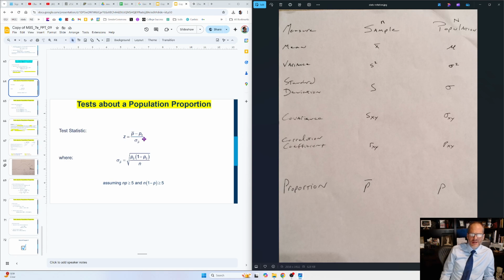This p has a 0 because this is the hypothesized population proportion. It can also be just p. And then down here we have sigma with a subscript of p bar, which is the standard error that we use.